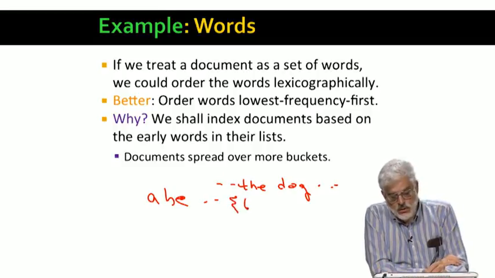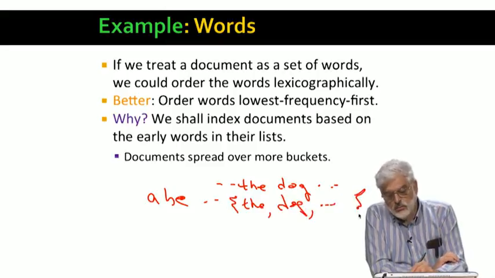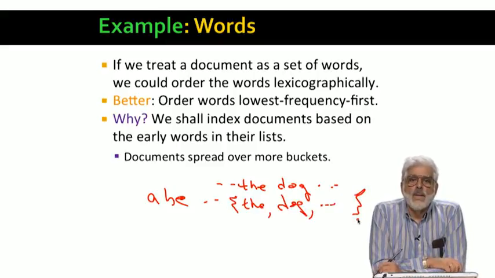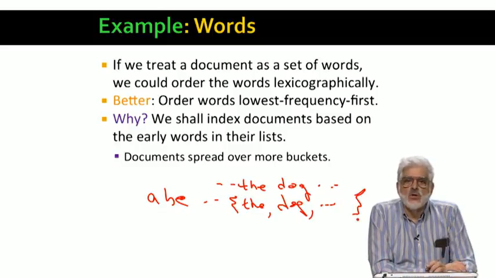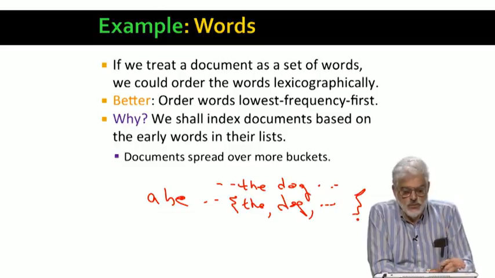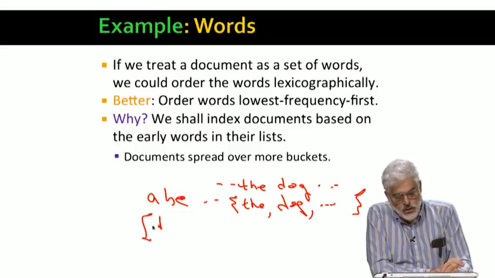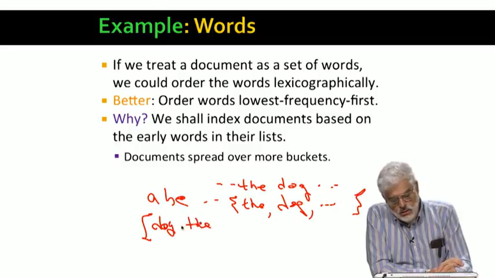So the set: the, dog. We then create from these sets new strings whose characters are the words in order of fewest occurrences first. So we might have, for example, dog, the, and so on.